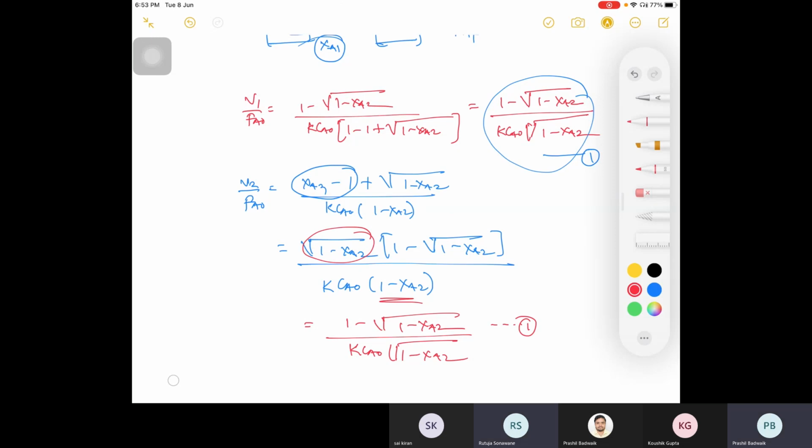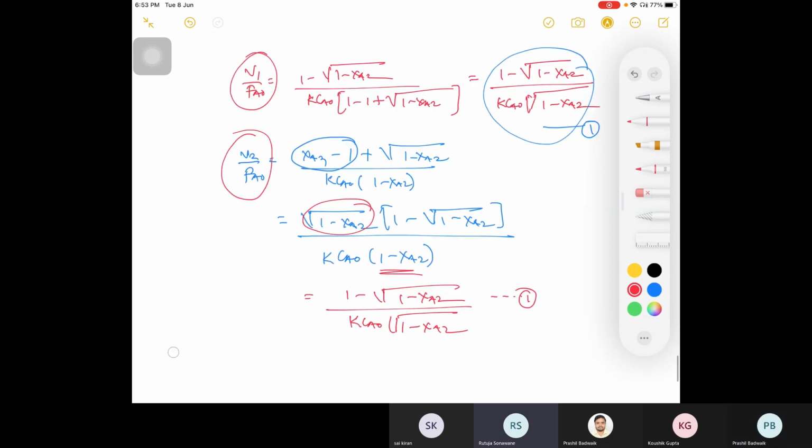Yes, sir. So please observe equation 1 and equation 2 here. V1 divided by F naught and V2 divided by F naught, both are the same. Right.